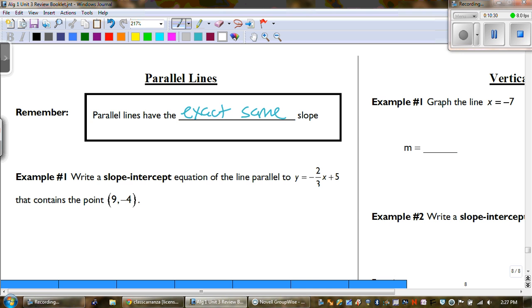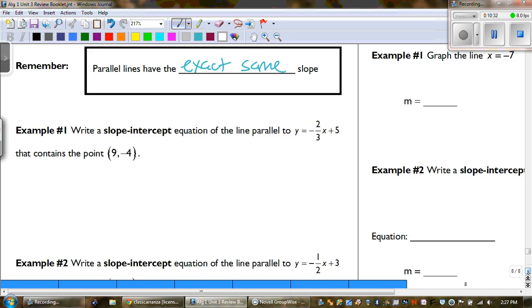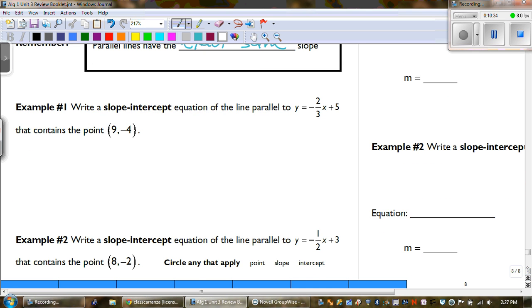So when the directions tell us to write a slope-intercept equation of a line parallel, what we want to do is we're going to steal that slope, and then we're going to go into point slope. Because our new slope is the negative 2/3, and then we've got our x and our y.